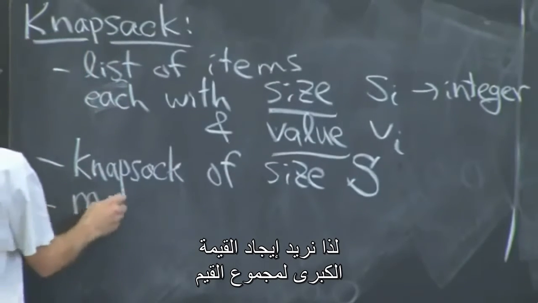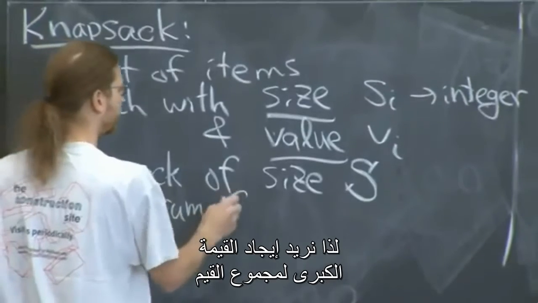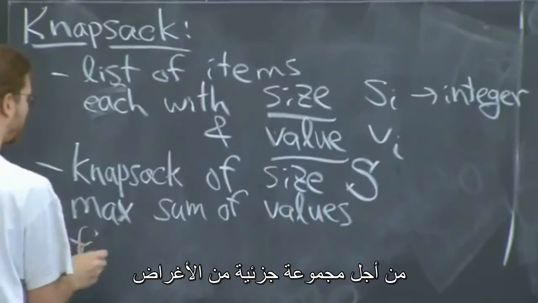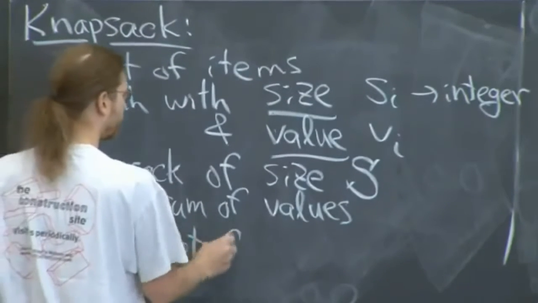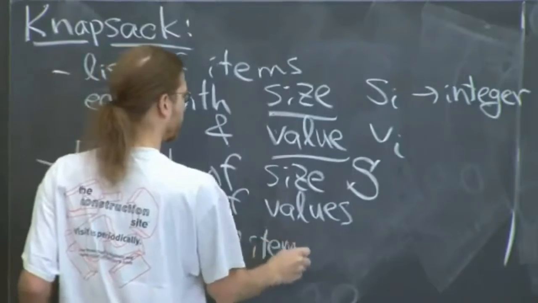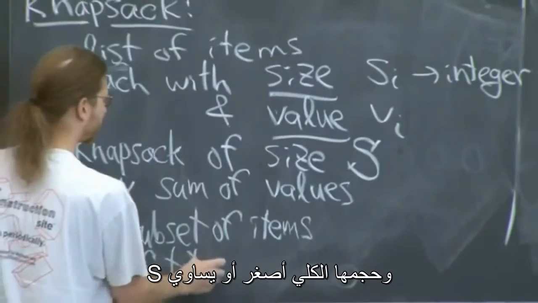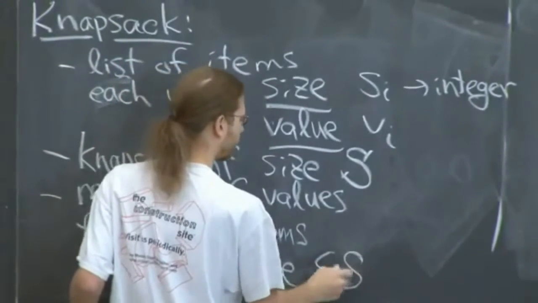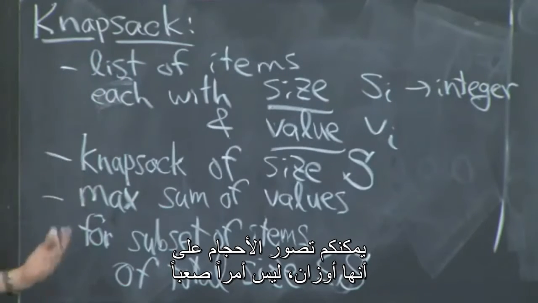Okay, so you want to maximize the sum of values for a subset of items of total size less than or equal to S.